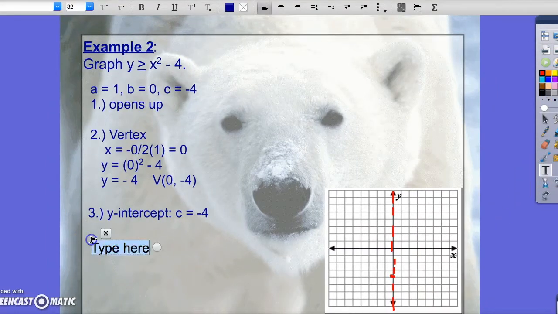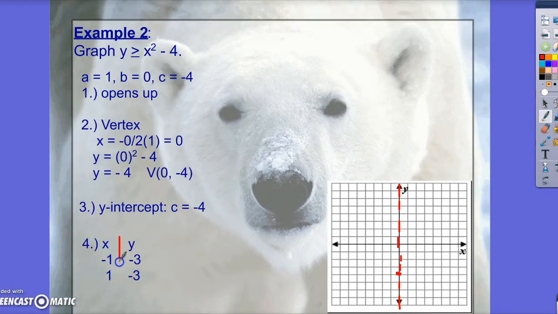So let's do a table. And once again, I'm going to use -1 and 1. I like to do 1 point to the left and 1 point to the right. Remember, you plug -1 back into the original. You should get -3 for both y's. So we're just simply evaluating like we've done before.